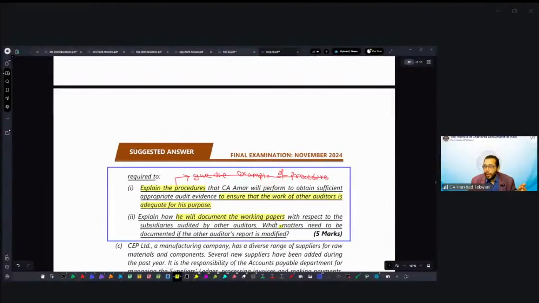If you quote SA 230, see what SA 230 says: it says how you need to document. But here we are talking about how he will document the working paper with respect to the subsidiaries and what matters. So we need to provide more on the matters rather than the SA 230 part.